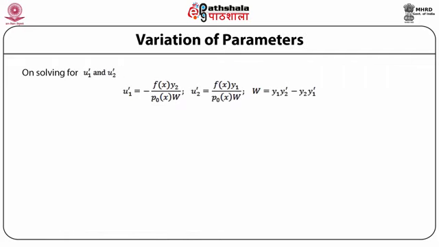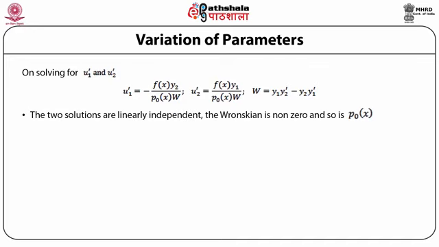On solving equations for u1 prime and u2 prime, we obtain u1 prime is equal to minus f of x times y2 by p0(x) times W. Similarly, u2 prime will be equal to f of x times y1 divided by p0(x) times W. Here, W is the Wronskian of the two solutions and is given by y1 times y2 prime minus y2 times y1 prime.